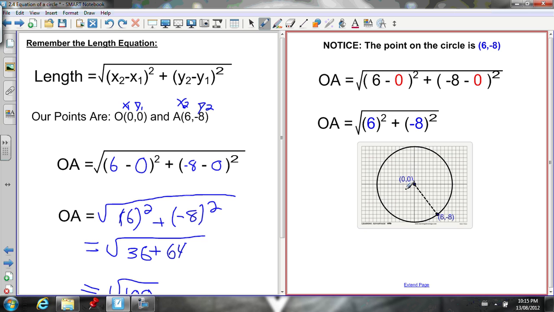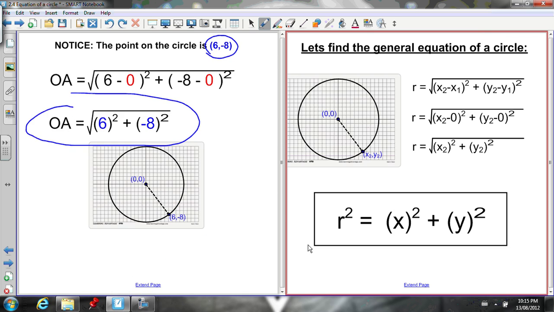So there's not really much point in writing that. If you look at the relationship between the simplified version and the point on the circle, the 6 is here and the -8 is there. There's not much point in writing the minus 0.